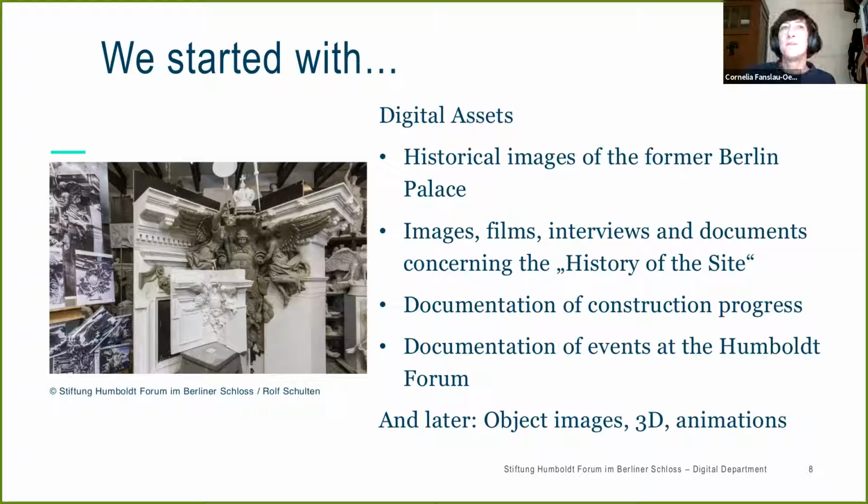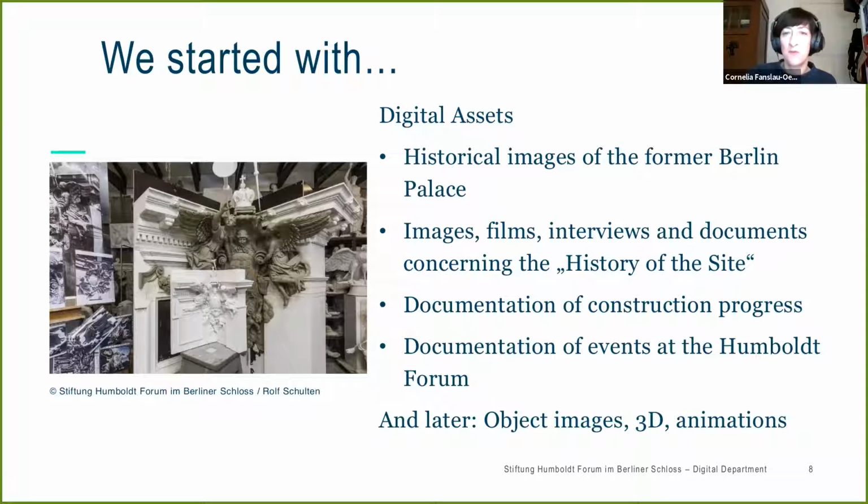First were historical images, references like photographs, films, interviews, documents concerning the history of this very place where the Humboldt Forum was to be built and where the Berlin Palace used to stand. And this archival material was very important as a template for the sculptures.